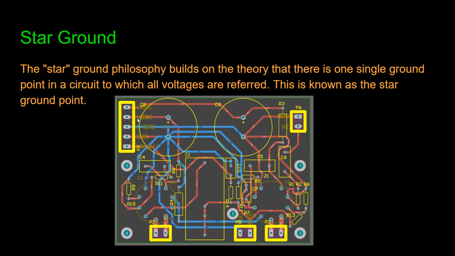network. However, this star ground philosophy may seem easy to understand, but it is difficult to implement practically. When the power supplies are added in a circuit like this, they either add unwanted ground paths or their supply currents flowing in the existing ground paths are so large or so noisy as to corrupt the signal transmission.